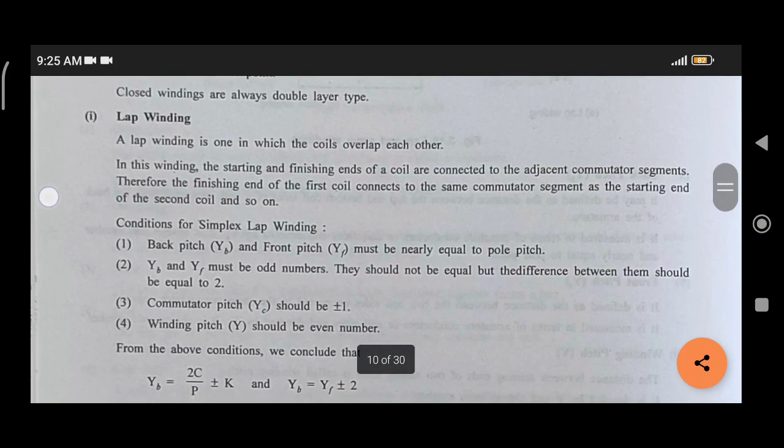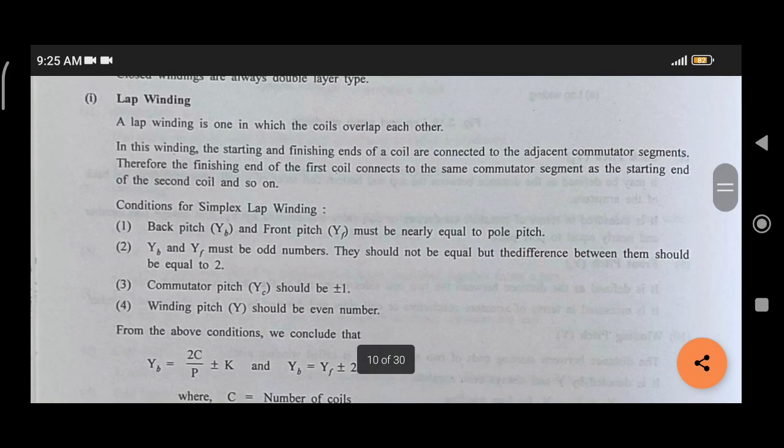Now, how is this lap winding designed? A lap winding is one in which the coils overlap each other. That's why it is named lap winding. In this winding, the starting and finishing ends of the coil are connected to adjacent commutator segments.